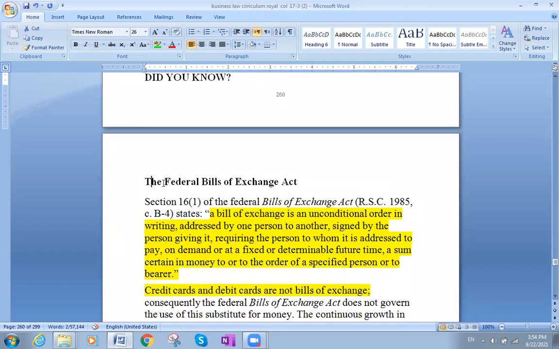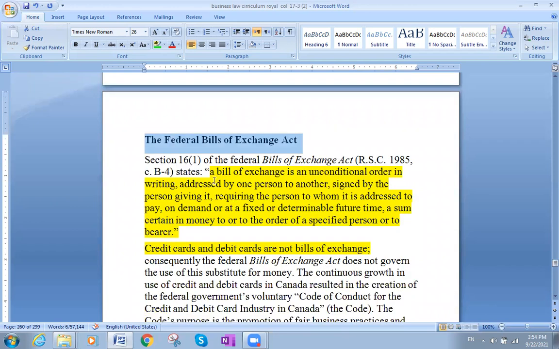The Federal Bills of Exchange Act says a bill of exchange, which was used enormously in the past, is an unconditional order in writing addressed by one person to another, signed by the person giving it, requiring the person to whom it is addressed to pay on demand or at a fixed or determinable future time a sum certain in money to the order of a specified person or to bearer.